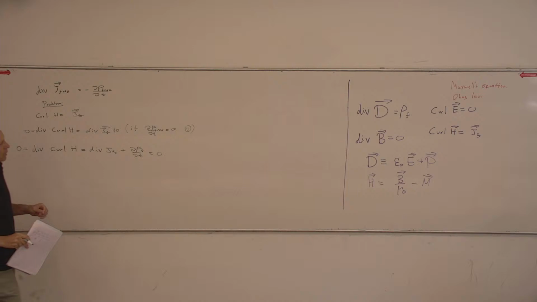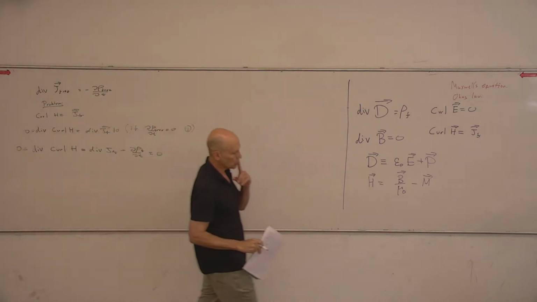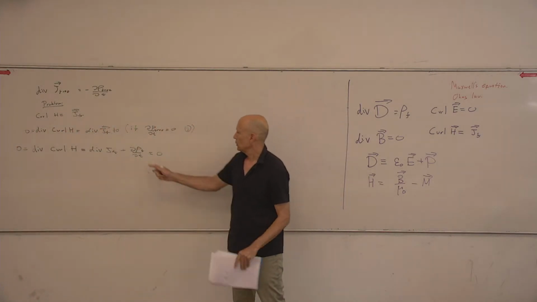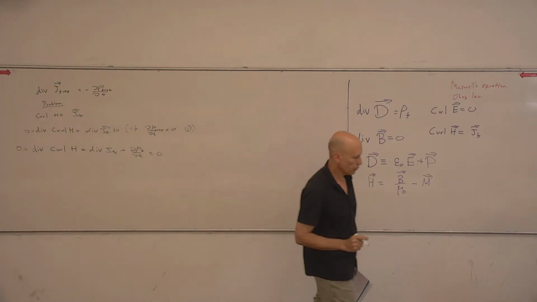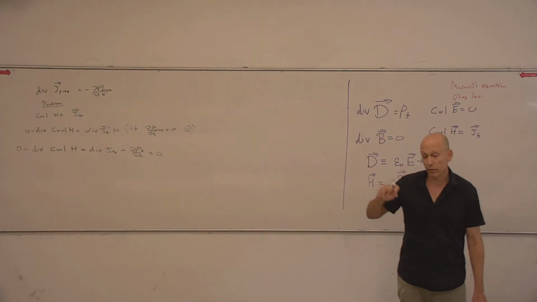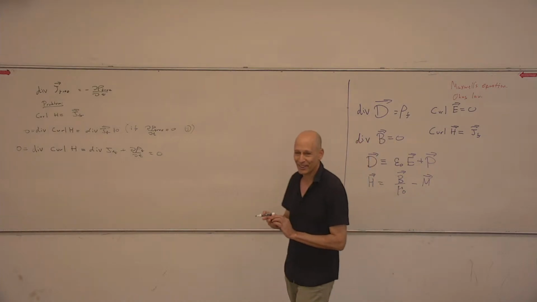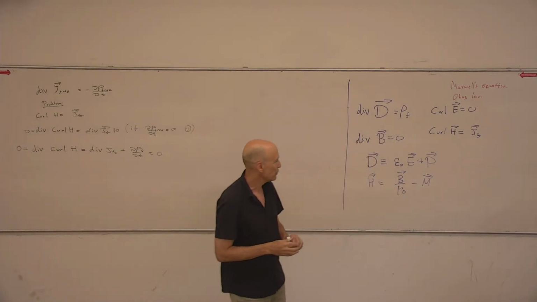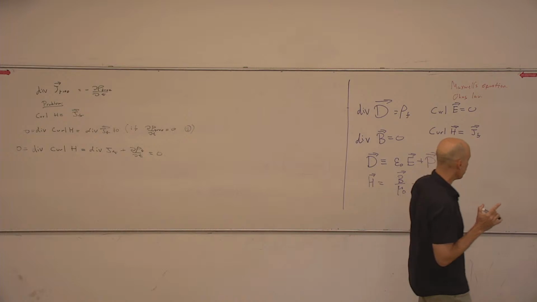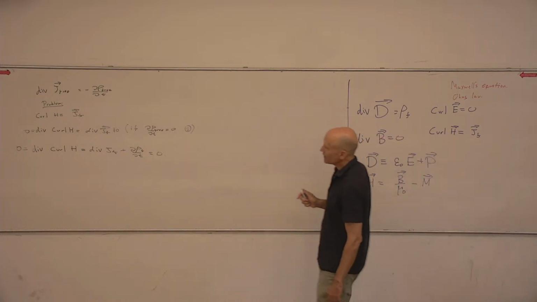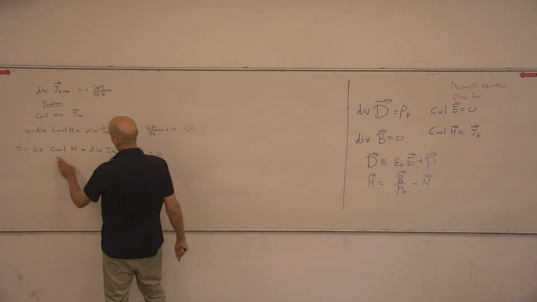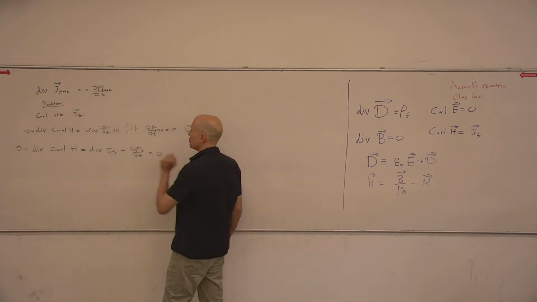Now what? What shall we do now? What's the next step of Maxwell? It's one of the most famous moves in physics ever. Really, it's an unbelievable tour de force of art. Maxwell says the following. You see, I have here a div. I want to have a div also here.